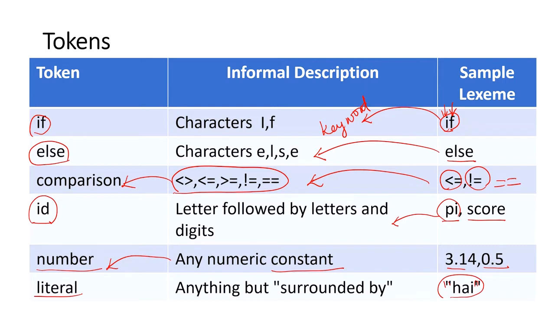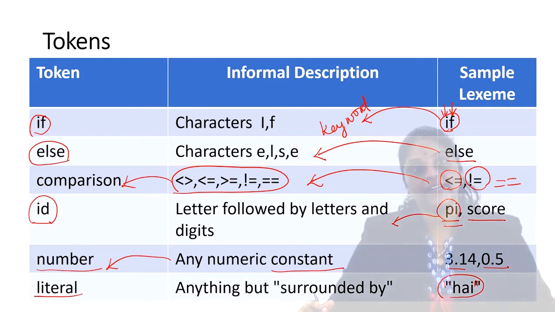If there are operators, we have to specify the operators as they are, and one token for representing the identifiers, and one or more tokens for representing the constants, and tokens for each punctuation symbol such as left and right parenthesis, comma, semicolon. So we have to specify each and every punctuation symbol as a token.